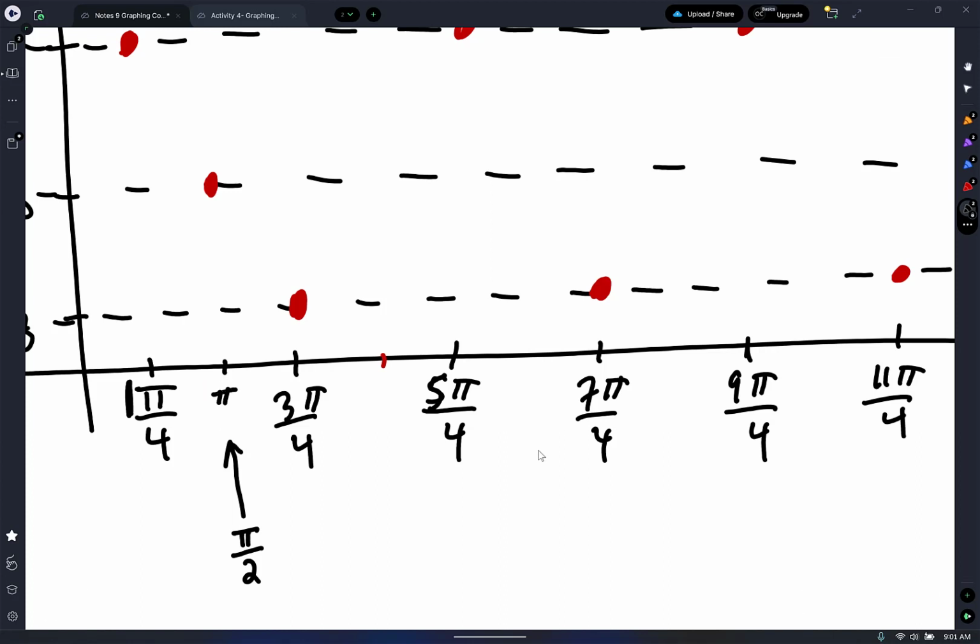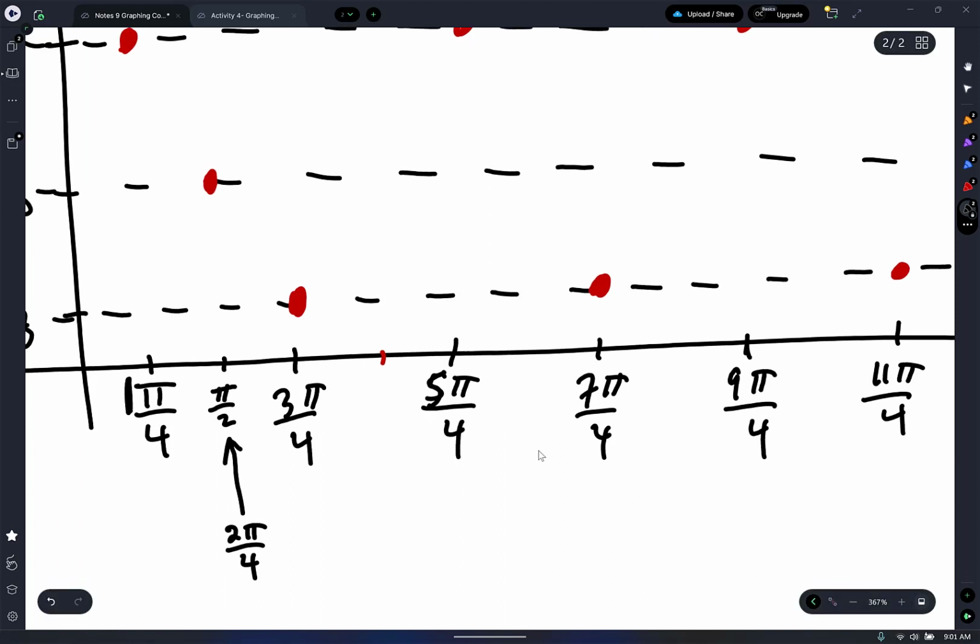And don't worry, I want good notes, so I'll put here that it really is 2 pi over 4, but that reduces to pi over 2. Does that make sense? What's in the middle between 3 pi and 5 pi? Yeah, pi. 4 pi over 4, but 4 pi over 4 reduces to pi. Does that make sense? Put a point of inflection at pi.